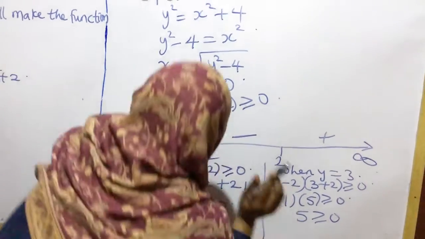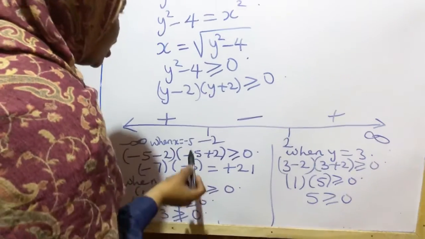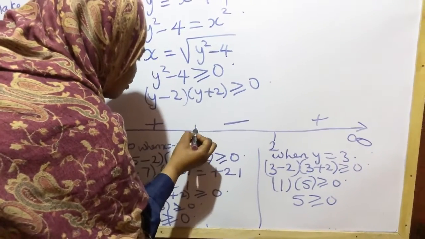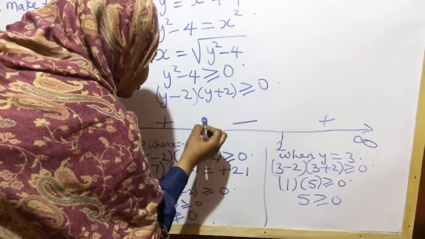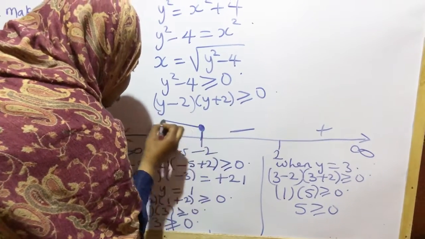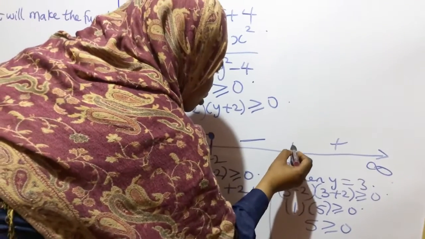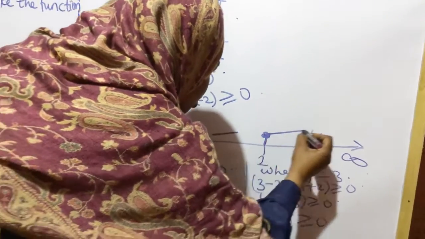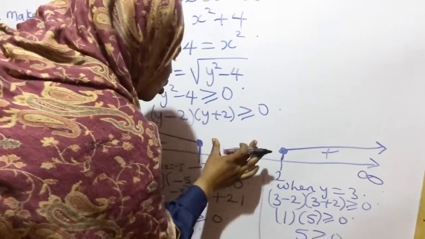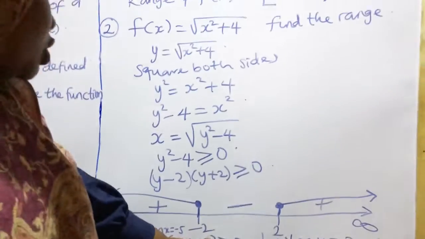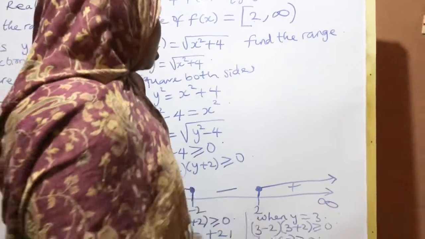So that means I can only take those numbers starting from this side, then here also to this side. I cannot take anything in between -2 and 2.